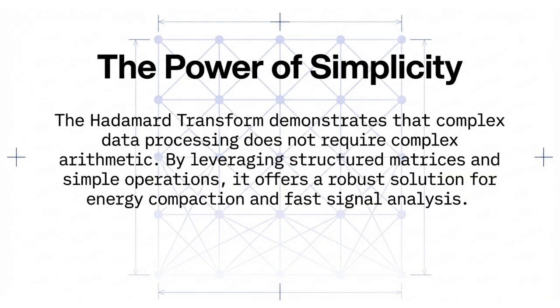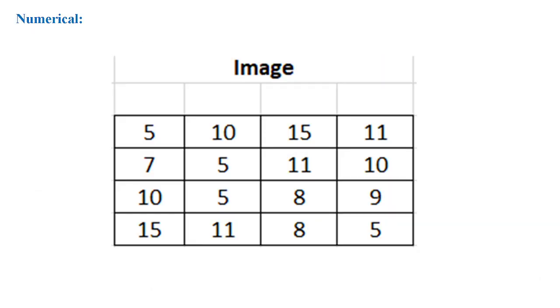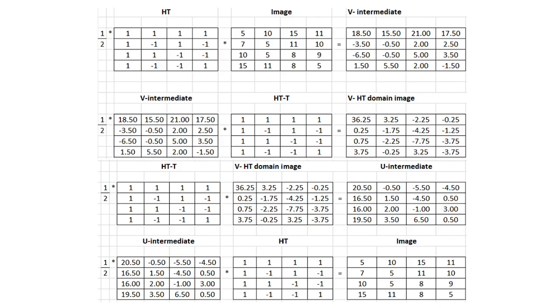By leveraging structured matrices and simple operations, it offers a robust solution for energy compaction and fast signal analysis. So if you see the example is given, I would ask you to perform these numericals, but a bit later. Let me cover up the next one.